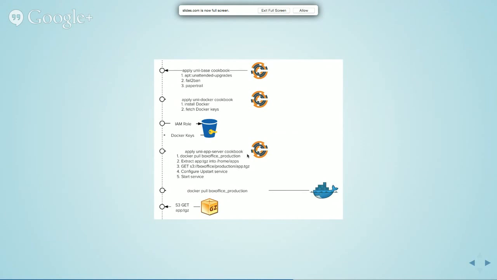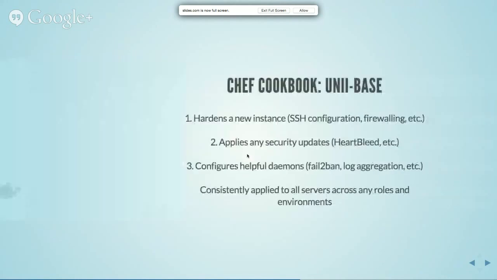Okay, so now at this point it's ready to actually pull the app and get started. It pulls the Docker image from the Docker private repo, downloads the app tarball from S3, extracts it, sets up upstart, and then actually starts the service.